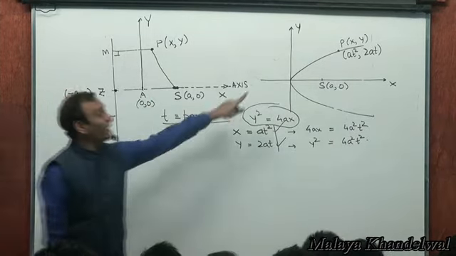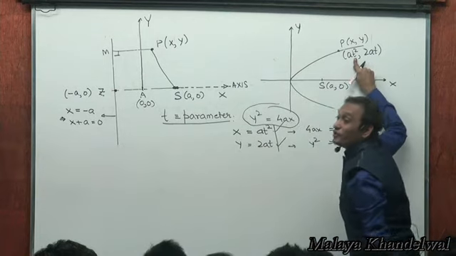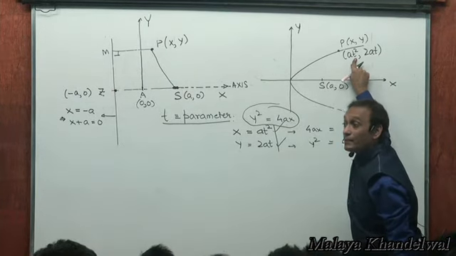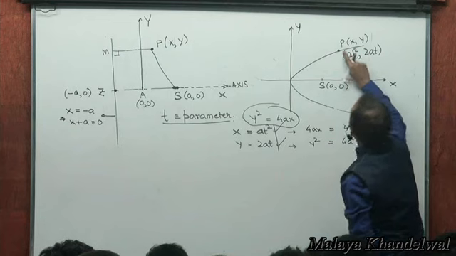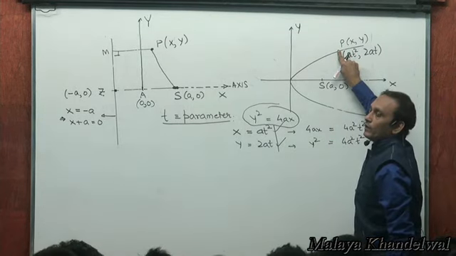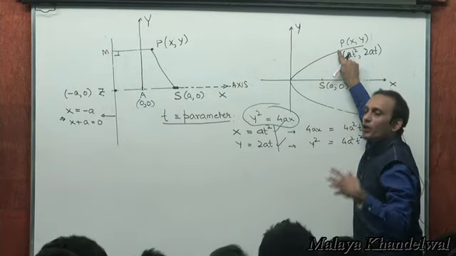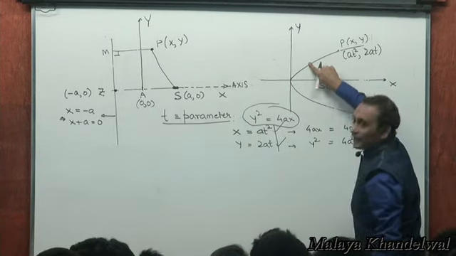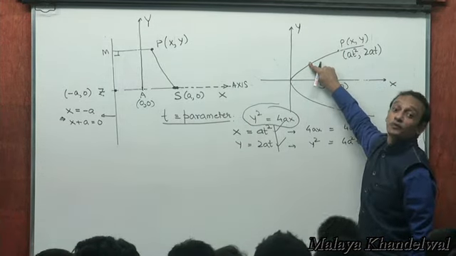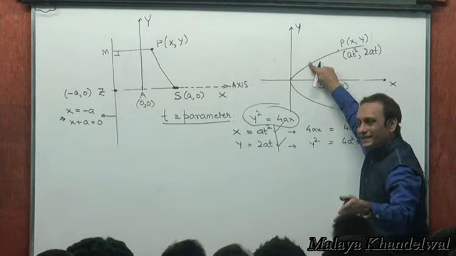Different points on the parabola will correspond to different values of t. So if I call this point t, then its coordinates would be (at squared, 2at). If there is another point t1, then its coordinates would be (at1 squared, 2at1), and so on.